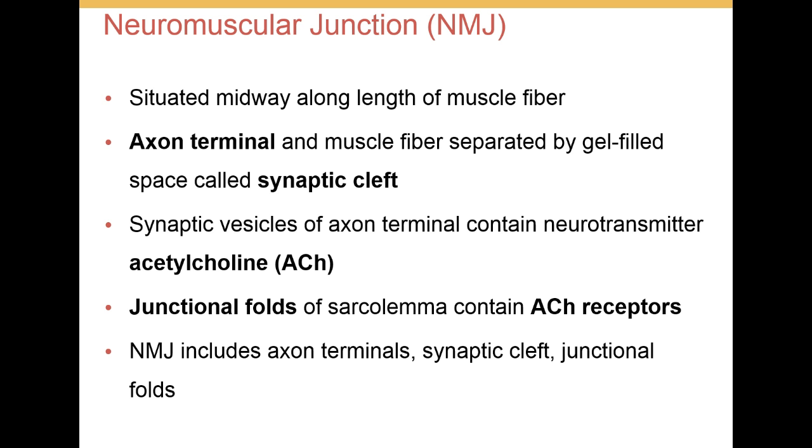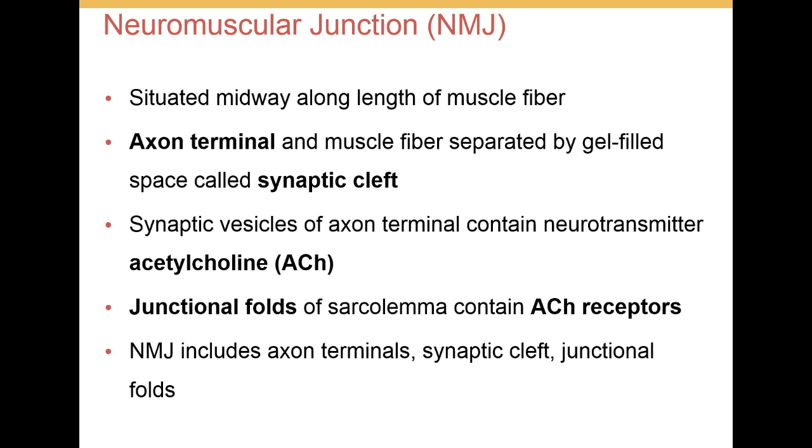The axon terminal will contain synaptic vesicles. Now a vesicle is just a membrane sac. This membrane sac inside the axon contains a chemical known as neurotransmitter. In the case of the neuromuscular junction, for skeletal muscle, the neurotransmitter will always be acetylcholine, which is abbreviated ACh. This is going to eventually be released from the end of the axon terminal.